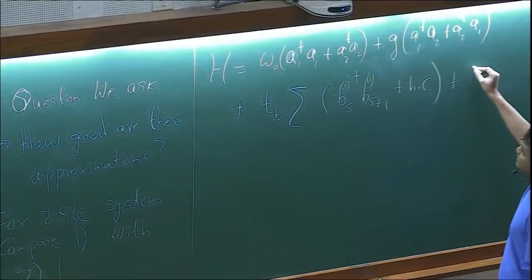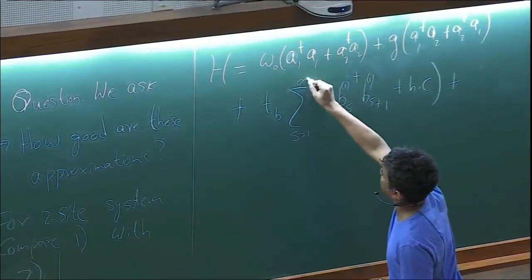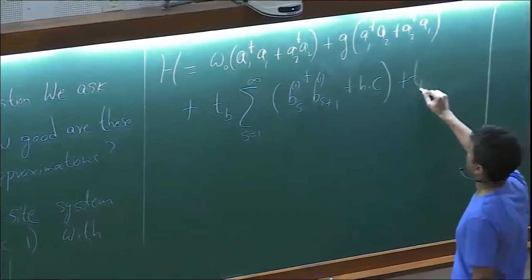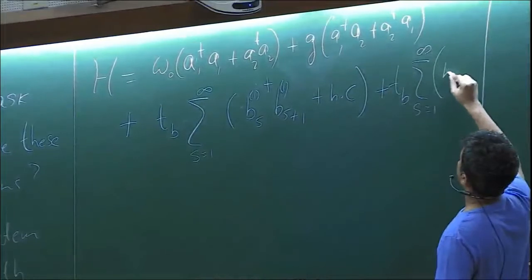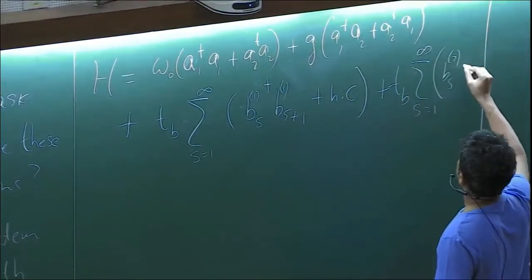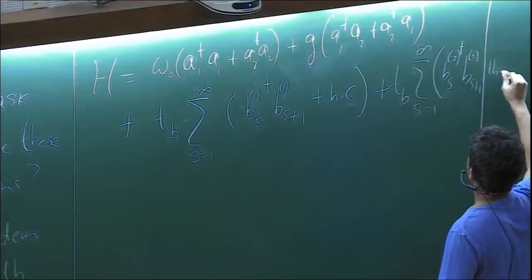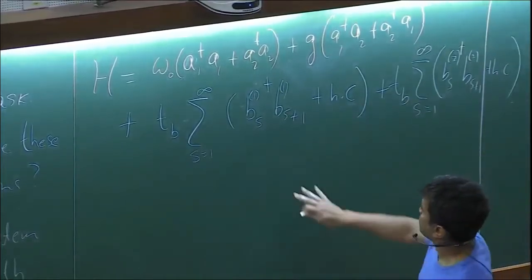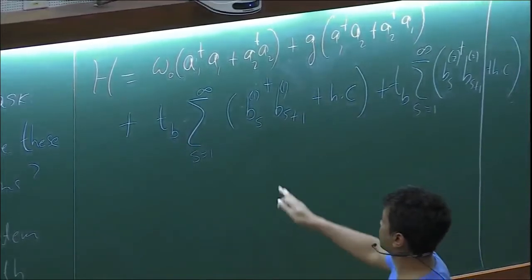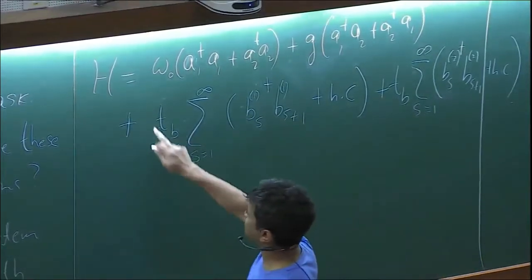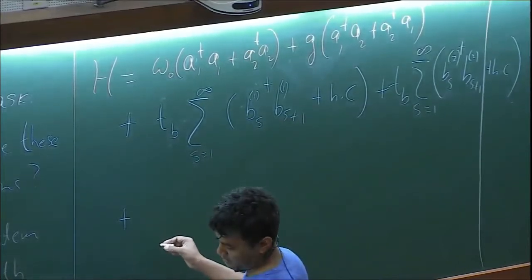And then I have a similar thing for bath 2. So it's just a tight binding chain, right? That's the bath, and this is the bandwidth of the bath. And then the interaction is the usual.